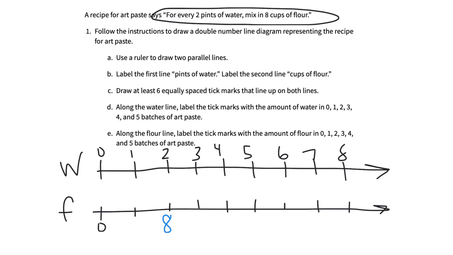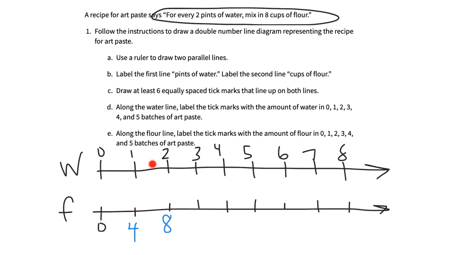So automatically we can start to fill in the rest of the table. Well, if you have half as much water, you're going to have half as much flour. And now we can start to see that for every 1 water, we're going to have 4 flour. Add 1 more water, you're going to add 4 more flour.